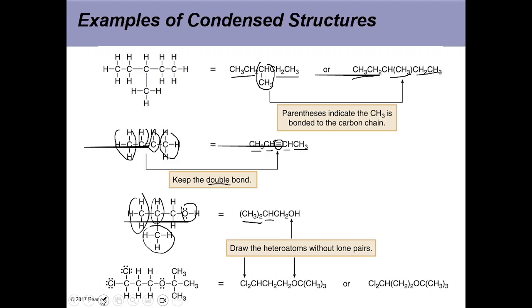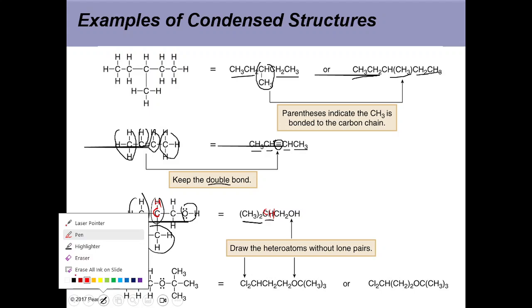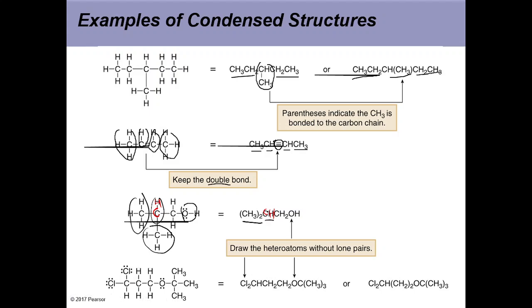Let me highlight in different colors so you can see this CH is actually this CH. And then next to the CH is bonded CH2, which is this CH2, next to OH at the end. So you can see that in the condensed structure, you show the heteroatoms, but with no lone pairs next to oxygen.